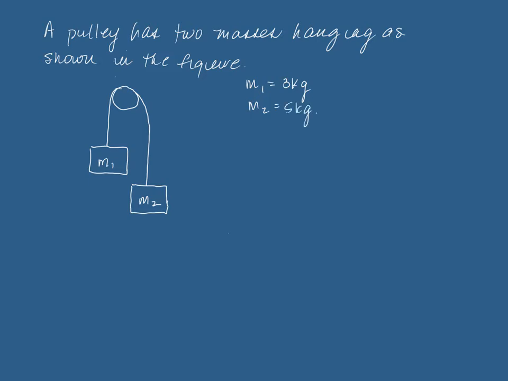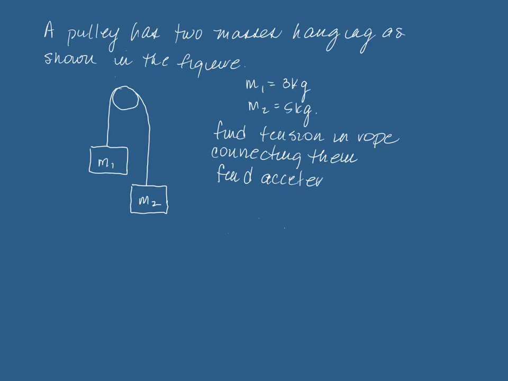The object for this problem is to find two things. We're going to find the tension in the rope connecting them, and we're going to find the acceleration of the system.